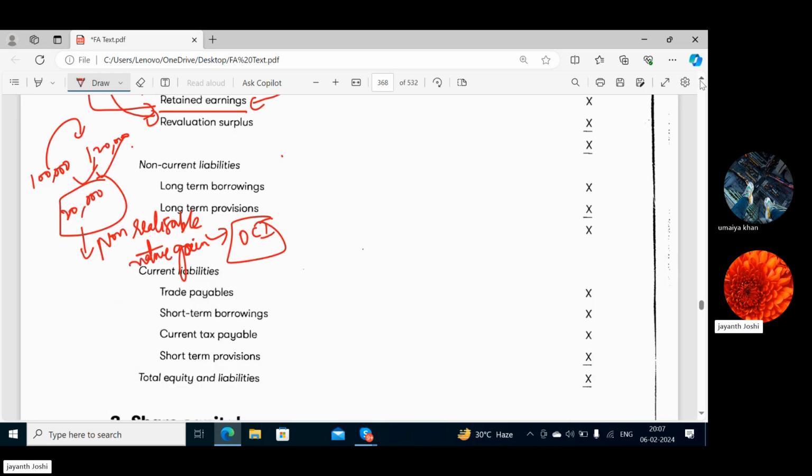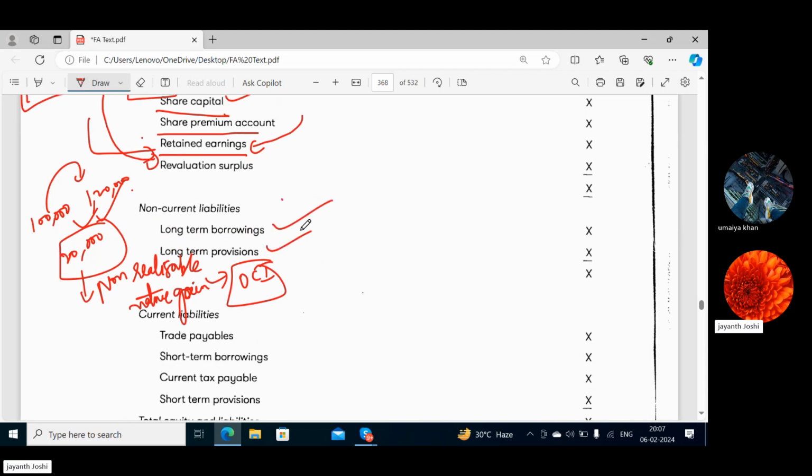Now, then comes non-current liabilities. You have long-term borrowings and long-term provisions. Provisions are certain amounts which you keep aside for obligations which you may have to settle in the future. Let's say there is a company which is into electronics, say Panasonic. Panasonic sells electronic goods, and they know that out of their sales, 10% become faulty and people come to claim warranties.